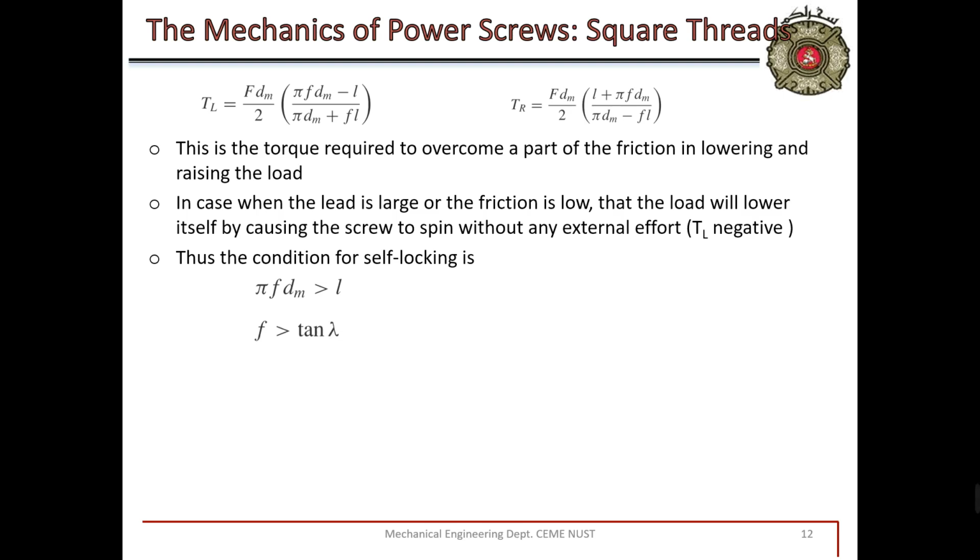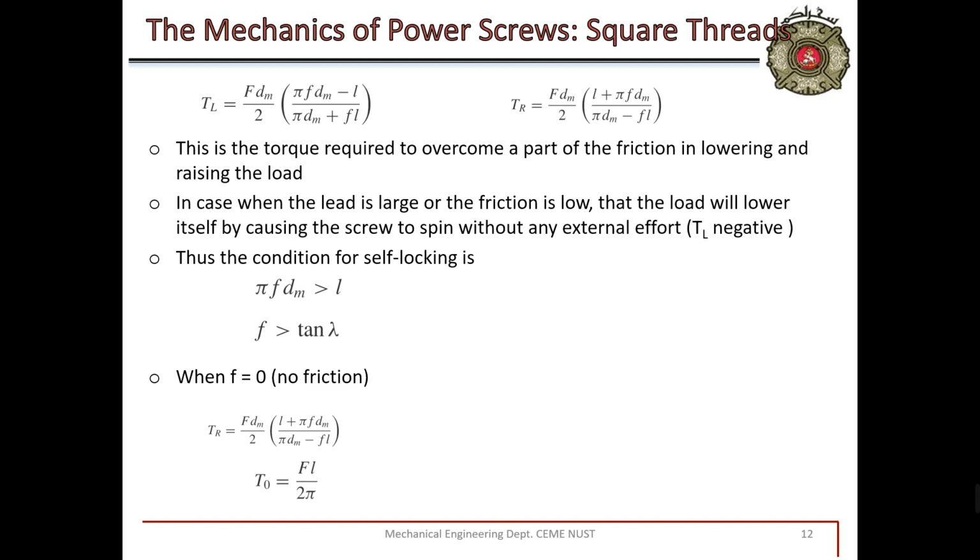So that was the condition for self-locking: the friction coefficient has to be greater than tangent gamma. And what is gamma? Gamma is the slope. So if you are increasing the slope of the thread, then friction has to be more for self-locking. If there is no friction, then we can calculate the minimum torque required to raise the load, because a power screw is designed to raise the load.